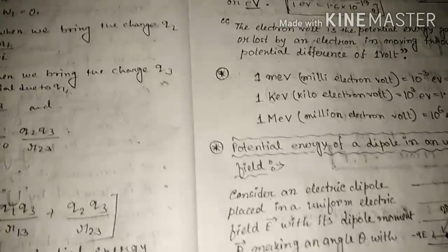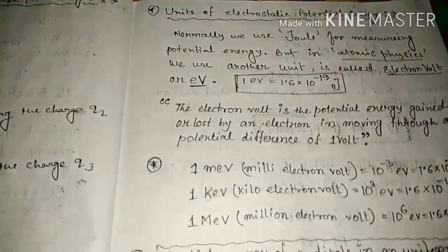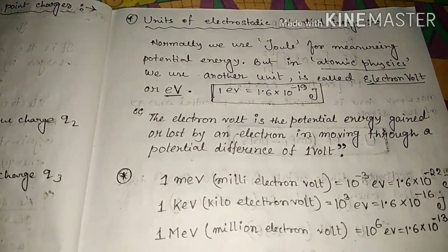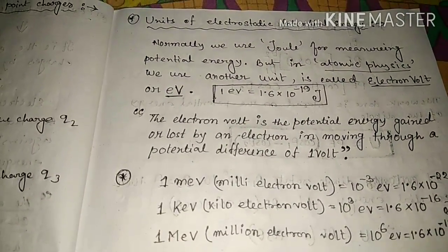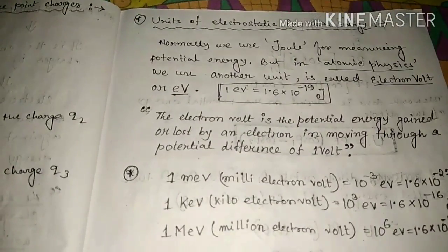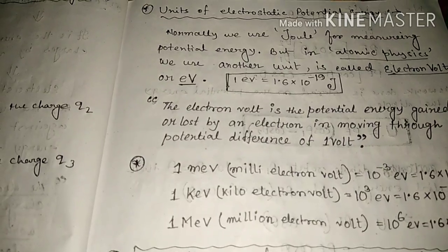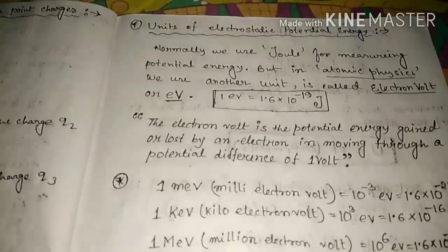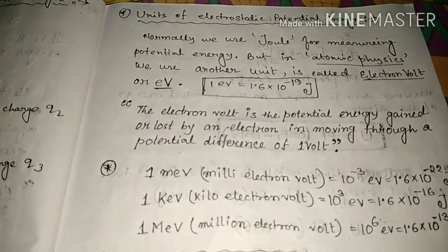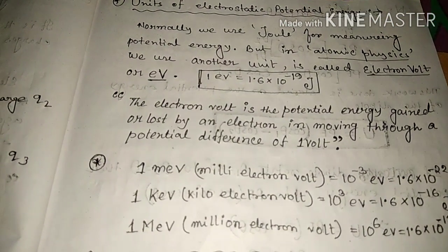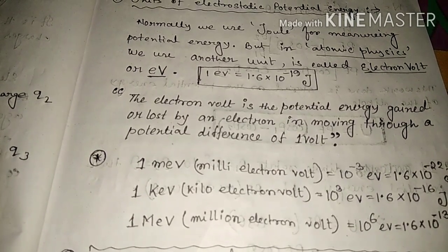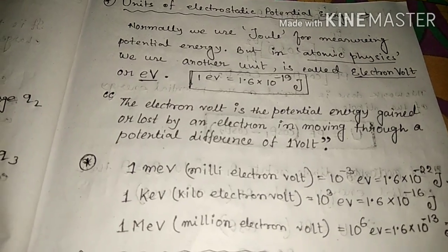Now, the next topic is units of electrostatic potential energy. Normally to measure potential energy we use the joule, but there is one branch of physics called atomic physics. In your syllabus there is also atoms and nuclei, but very few topics. In atomic physics, we study atomic structure, hydrogen spectroscopy, atomic radius, and many things.